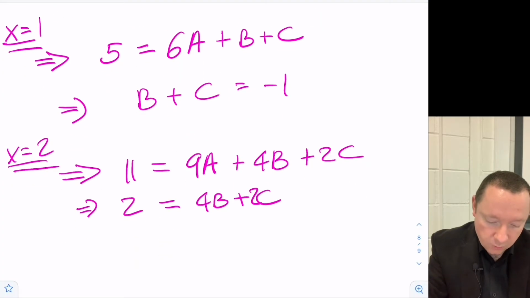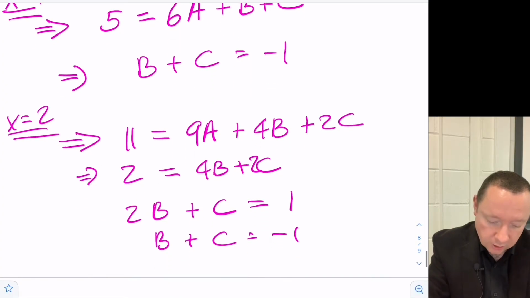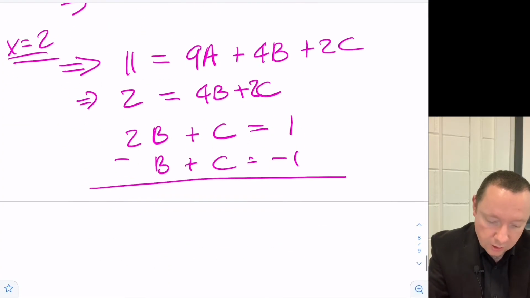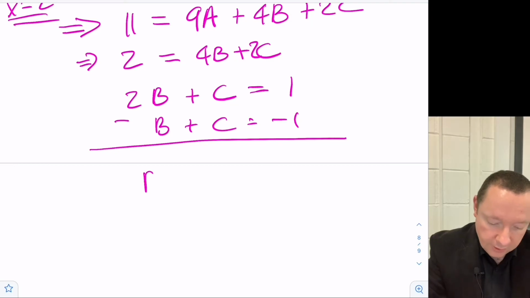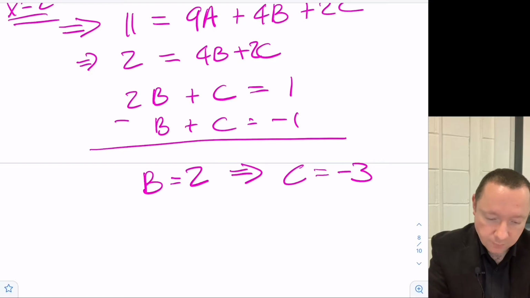Dividing through by 2, we get 2B plus C equals 1, and we already know as well that B plus C is minus 1, so we can just take them away from each other, and we get B equals 2, which implies that C equals minus 3.